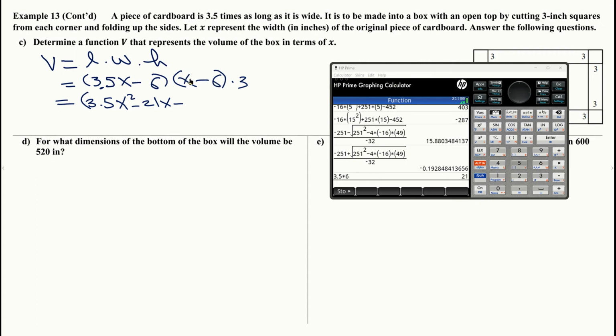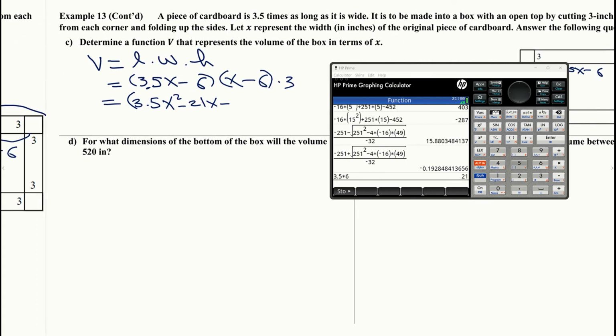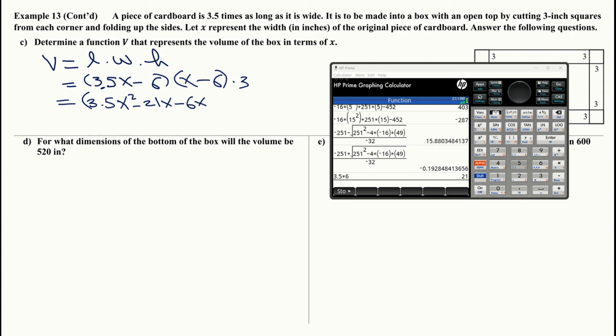Now we're going to distribute the negative 6. So we get minus 6x plus 36, right? Don't forget, all of that is going to get multiplied by 3, which I will write on this side just because it looks a little bit easier. All right, so we get 3 times (3.5x squared minus 27x plus 36). So finally, okay, I'm going to do the shrinking job again real quickly.